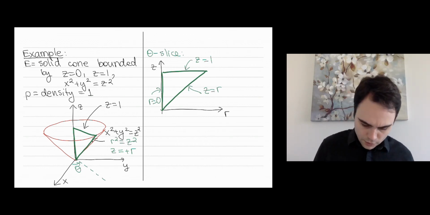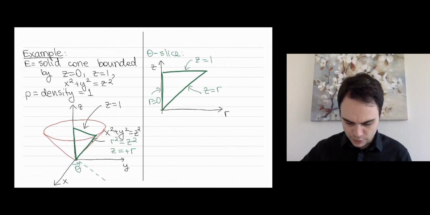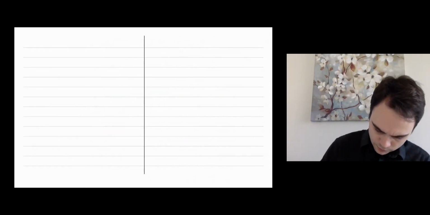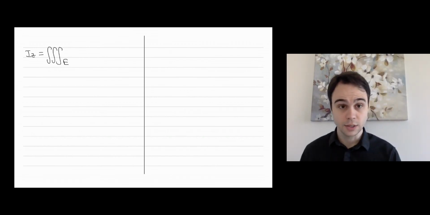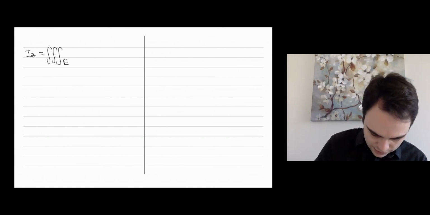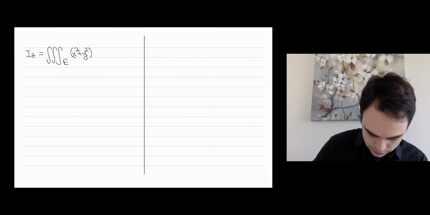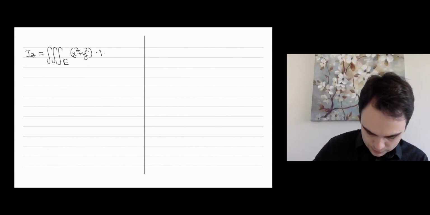Okay, so now let's compute this moment of inertia. I'm going to refer back to the picture when we do it. So the moment of inertia around the z-axis is, by definition, the triple integral over this solid cone of the distance from the z-axis squared, that's x squared plus y squared, times the density, which in our case is 1, times dV.